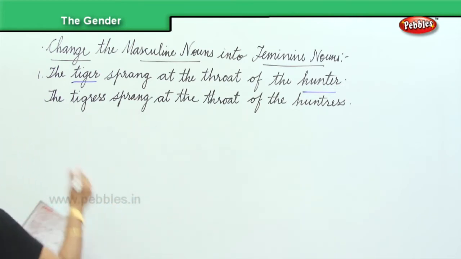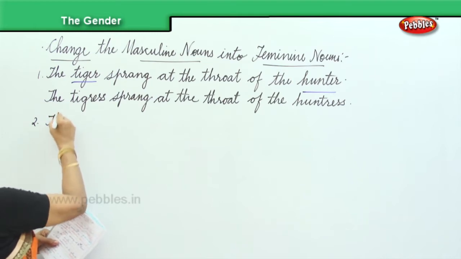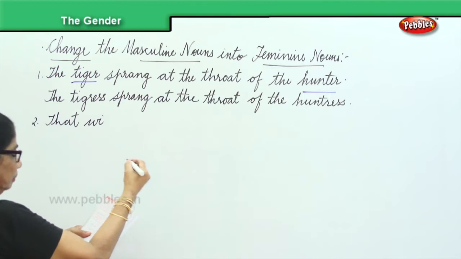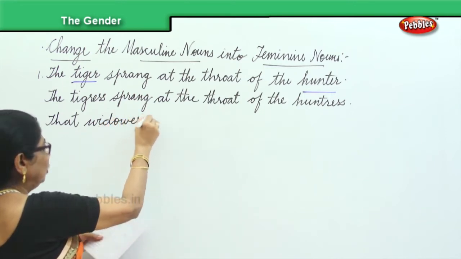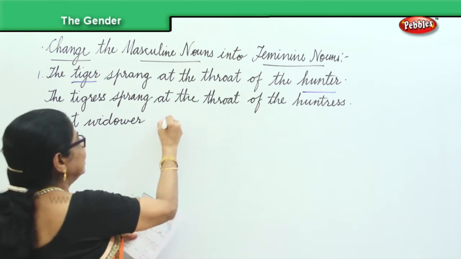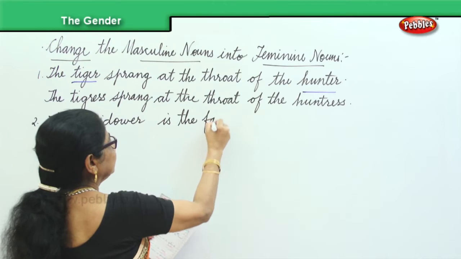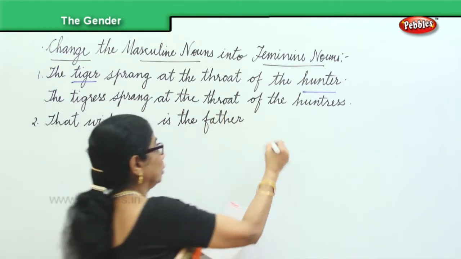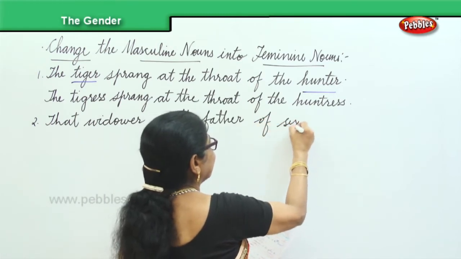Another sentence we'll do. That widower is the father of 6 sons.